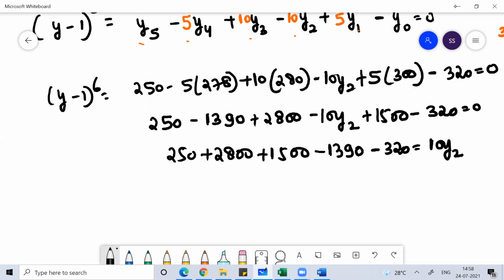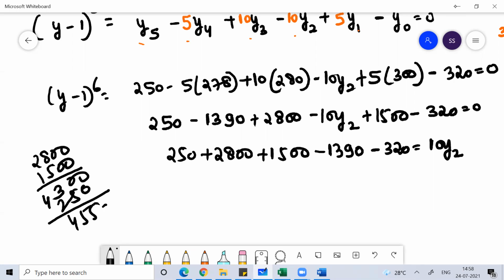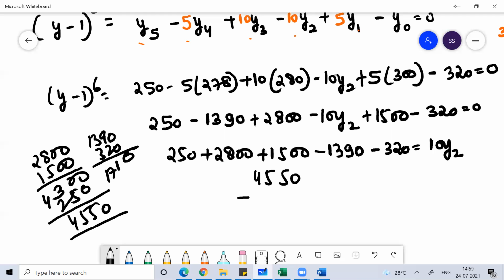So 2800 plus 1500 plus 250 is 4550, minus 1390 and 320, gives 2840.